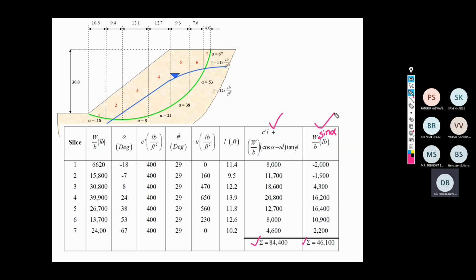Sir, then it is good, sir, because that minimizes the driving force. See, it is minus. It is good, reducing the driving moment. That's what I also told initially. And that is the merit of the method of slices, which was grossly ignored in the case of the mass procedures.